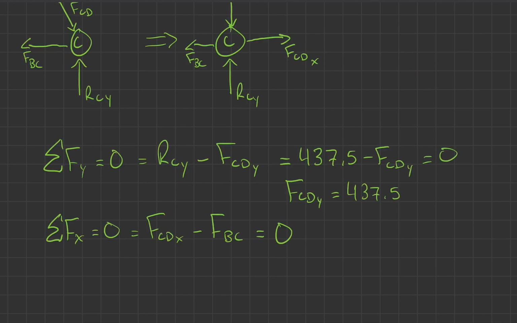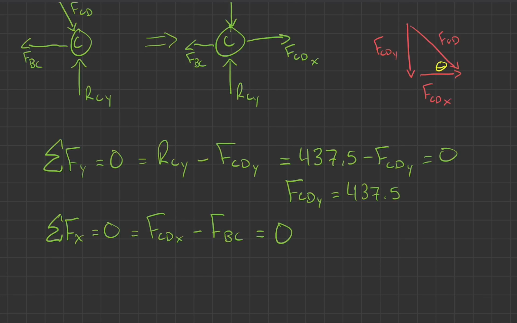So if we take that same triangle, and we call that force CD in the Y direction, and then force CD in the X direction, and then we have just force CD, and we call this guy right here our theta.